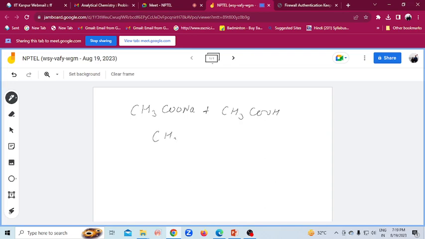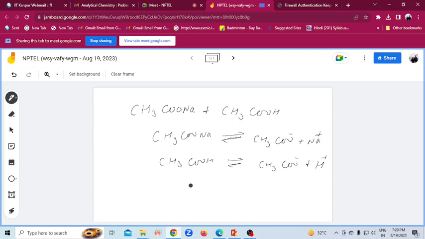When it dissociates, it will give CH3COO minus plus Na ion. Second, the acid will give CH3COO minus, acetate, plus hydrogen. So how will it manage pH?